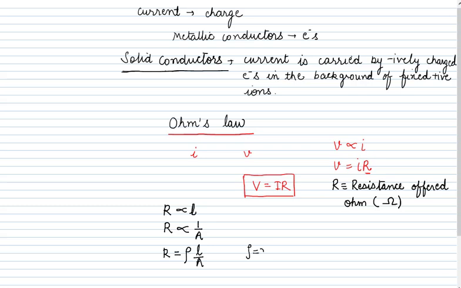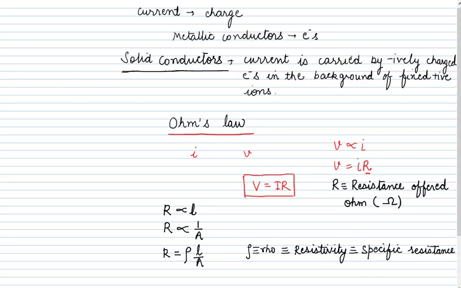Here this is a rho. This is the symbol of rho, and this is known as resistivity. This is also known as specific resistance. So don't ever get confused about the difference between resistivity and specific resistance.